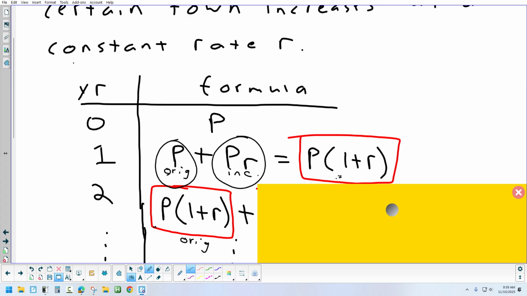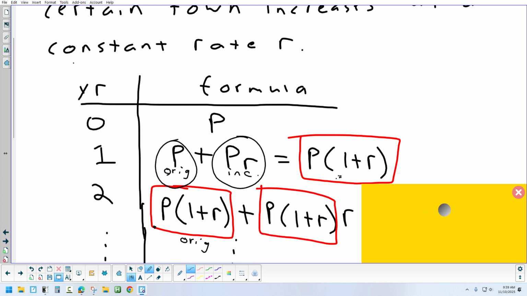So what do you think I'm going to have right here if I want to find R percent, whatever R is? It's not 10, it could be any number, but I want to find a certain percentage of this. Plus that multiplied by R. Exactly. So it's always the amount you started with plus the amount you started with times R. That's the original amount. There's the increase. And now, what can I factor out of each of those?